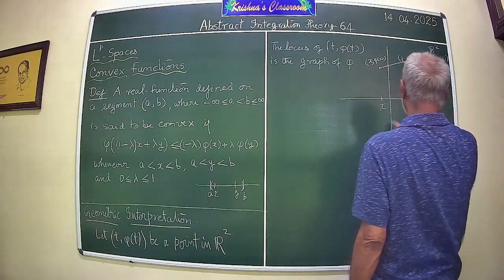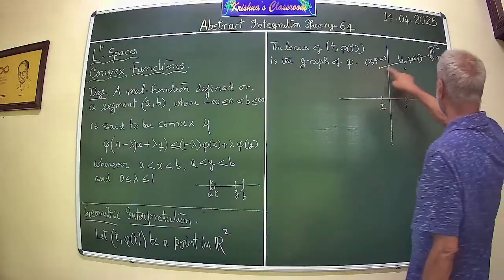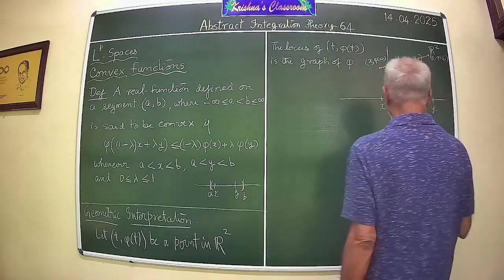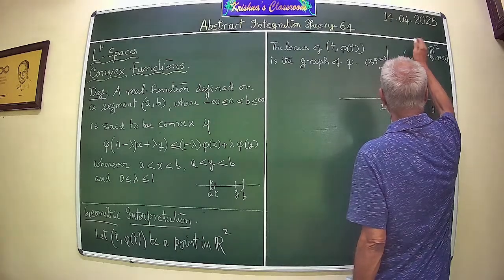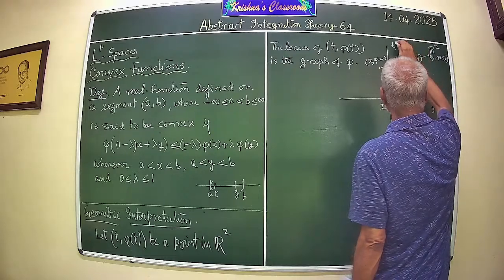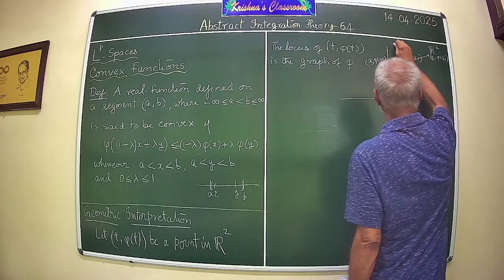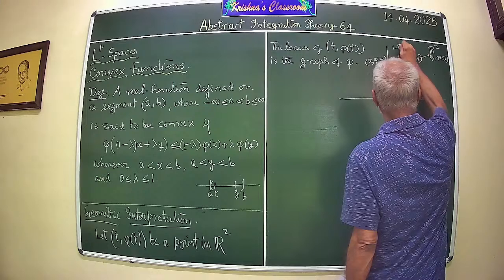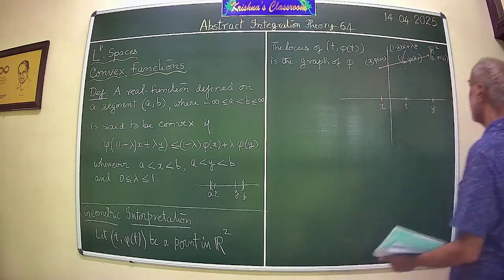t, phi t, where t lies between x and y. An arbitrary point on this line is essentially this point t, which is equal to 1 minus lambda x plus lambda y.